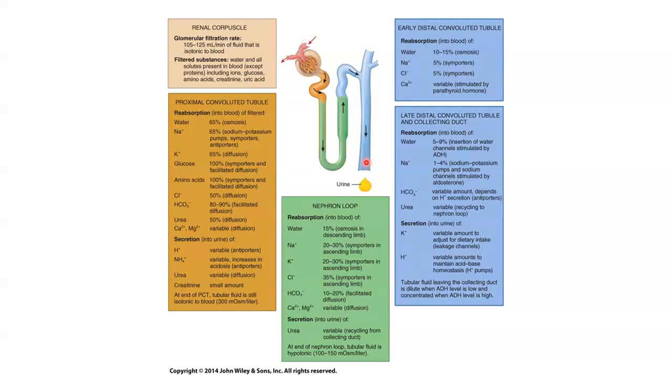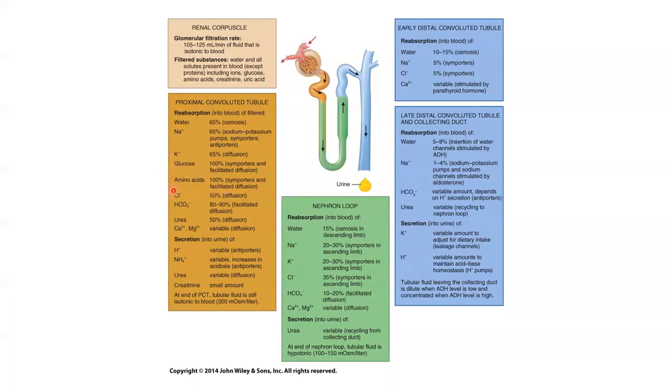So walking you through this figure, we have our glomerular filtration happening up in our renal corpuscle. We then have the substances that are reabsorbed and secreted in the proximal convoluted tubule. So we reabsorb about 65% of the water via osmosis, 65% of our sodium and our potassium. All of the glucose we'll try and take out of our filtrate and put back into our blood.